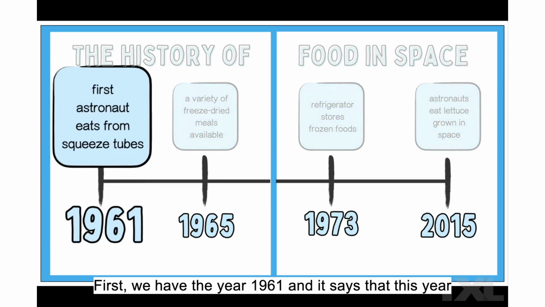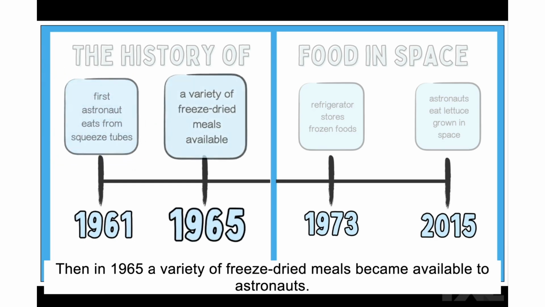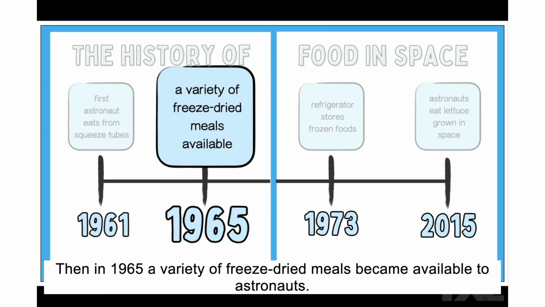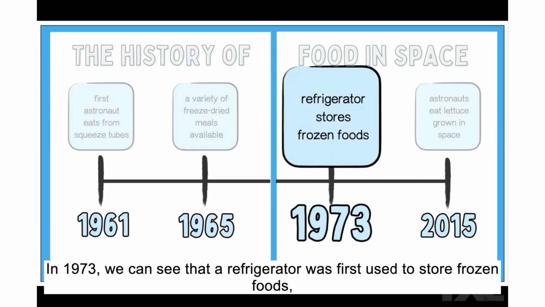First, we have the year 1961, and it says that this year is when the first astronaut ate from squeezed tubes. Then, in 1965, a variety of freeze dried meals became available to astronauts. In 1973, we can see that a refrigerator was first used to store frozen foods.